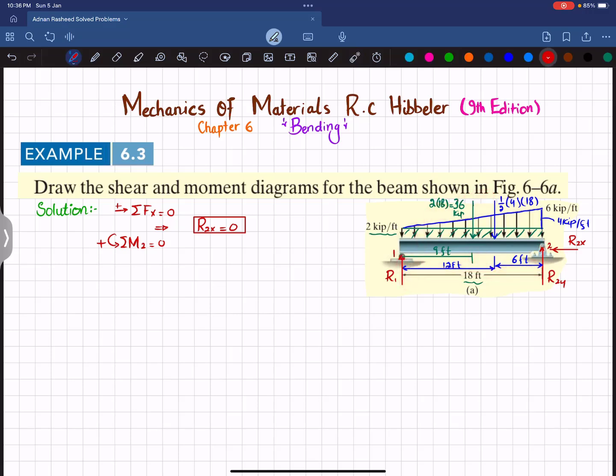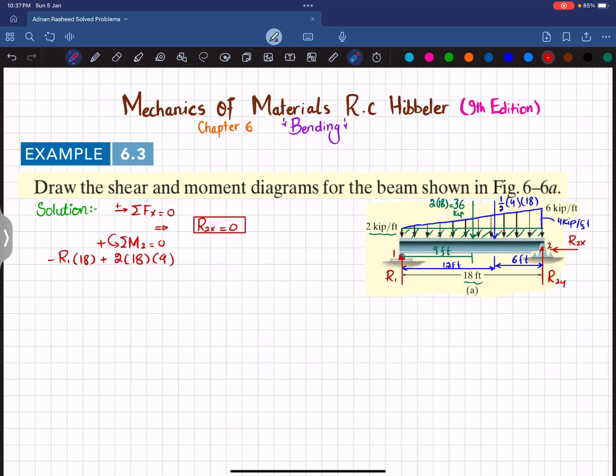So I can write minus R1 times 18. The second force producing moment is this 2 into 18, and the perpendicular distance will be 9 feet. This is producing a counterclockwise moment, so it will be positive. So I can write plus 2 multiplied by 18 into 9.